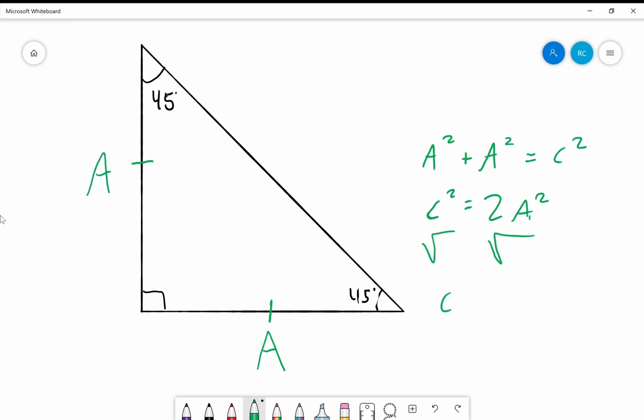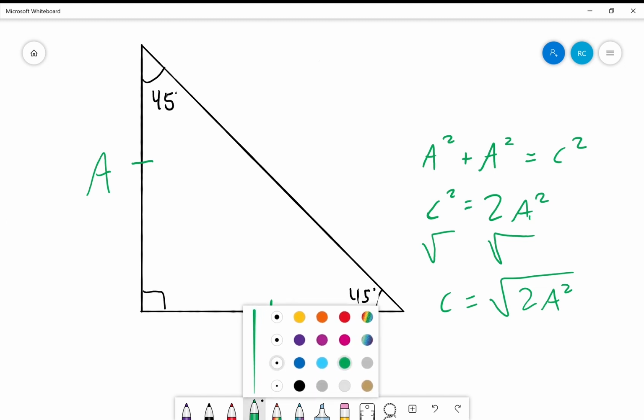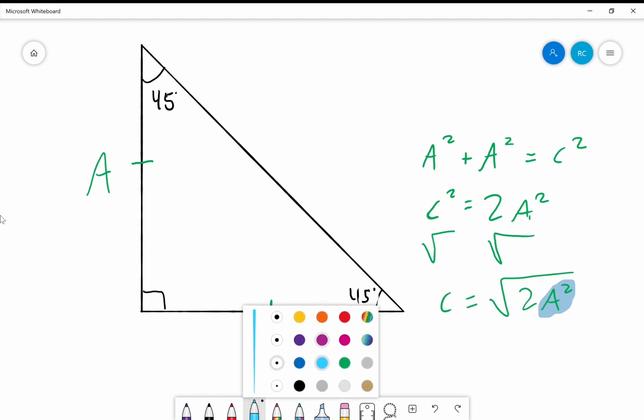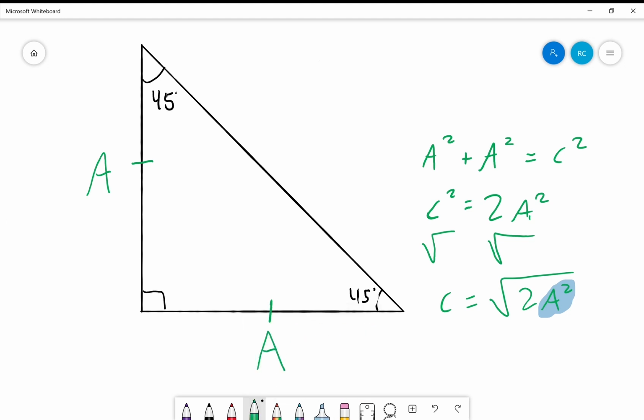And we get C equals the square root of 2A squared. Well, I know what the square root of A squared is, right? The square root of A squared is A. So the only thing left under the square root is this 2.